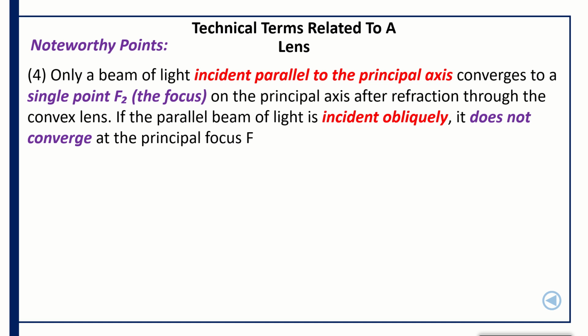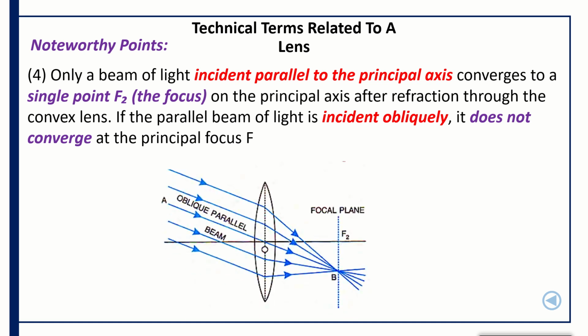So, this is a noteworthy, very important point to be remembered. It will converge at some other point on the focal plane, but not at the focal point of the lens. Clear?